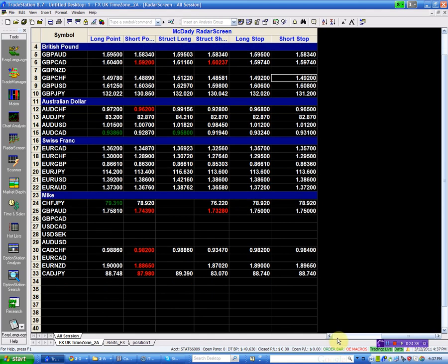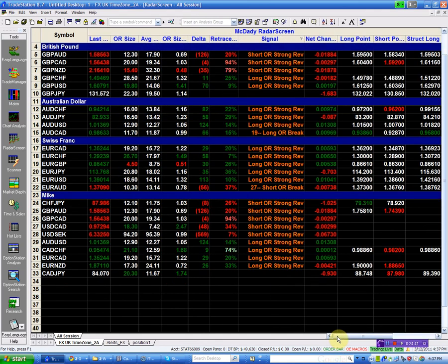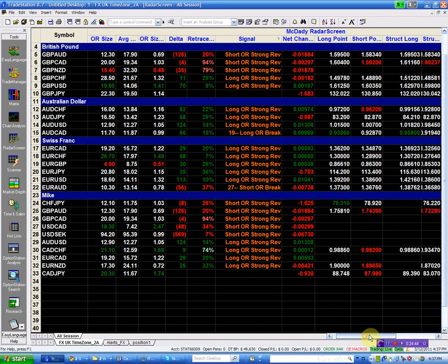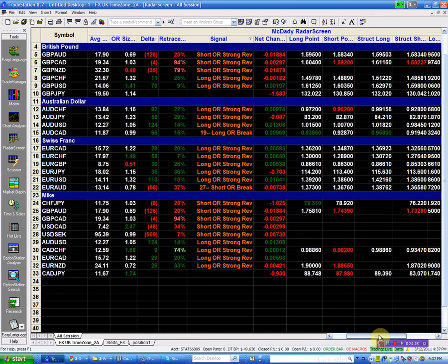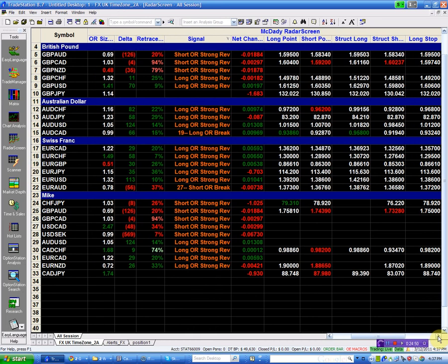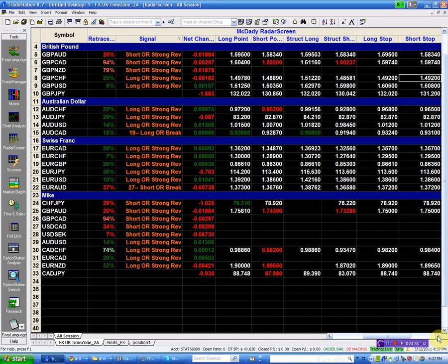This radar screen is a part of the software, and it is an important component, because we need to know what we are going to buy and what we are going to sell.